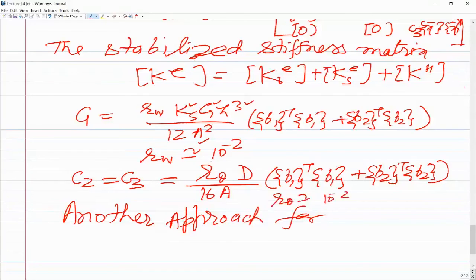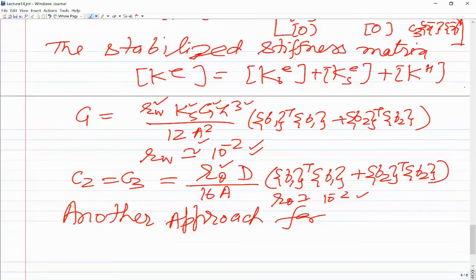This is a user input parameter. RW is a user input parameter. R theta is a user input parameter. If you take these values too large, it would depict locking. If you take them too small, it would not resist the hourglass deformations. So you have to choose a value something like this. From numerical experiments, it is found that RW is approximately 10 to power minus 2 and R theta is approximately 10 to power minus 2.